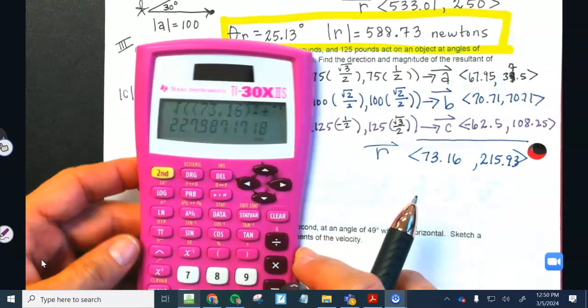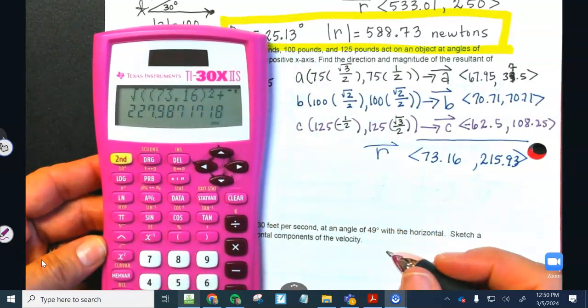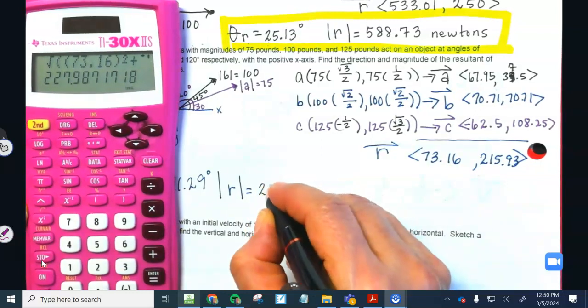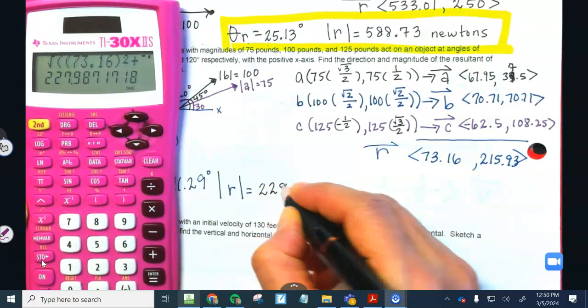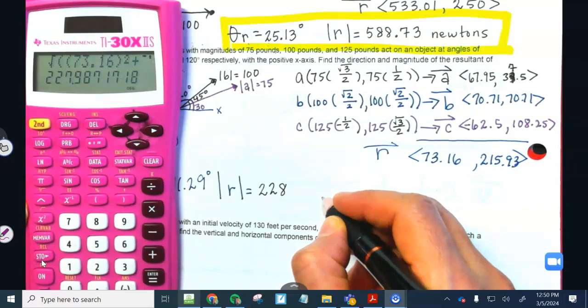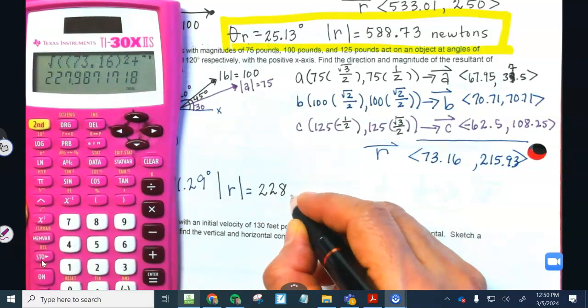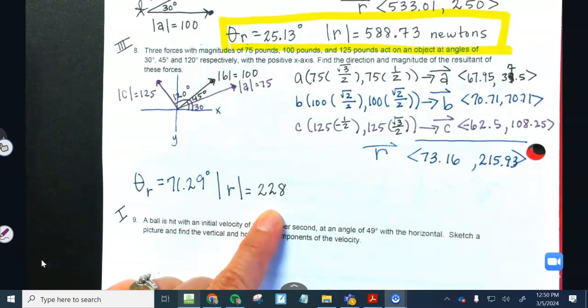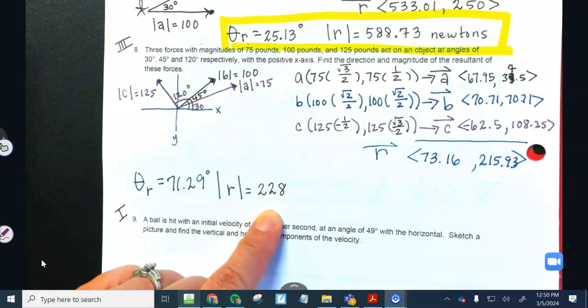Okay, so we should have got, well, that's going to just round to 228 even. Well, it's 0.99, but I'm leaving it. Did y'all get close to 228? That's what matters. Did everybody get that? In the ballpark of 228.